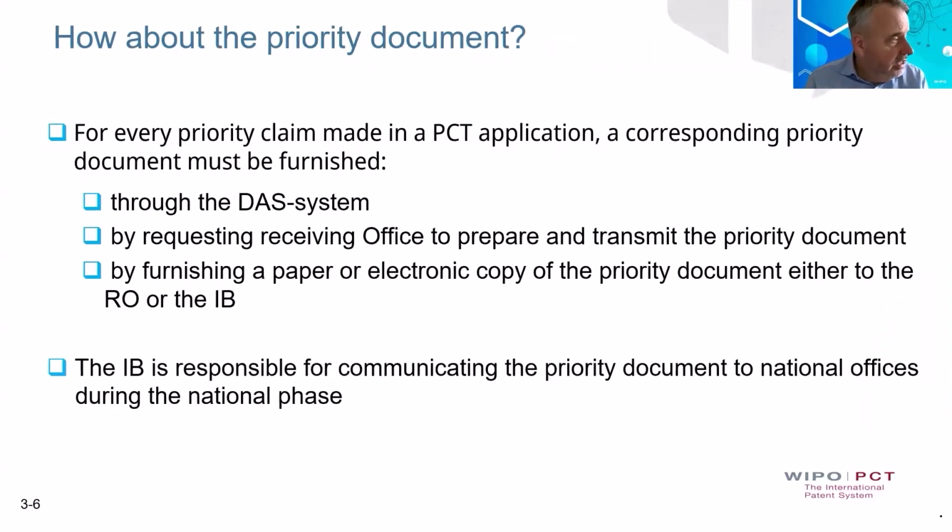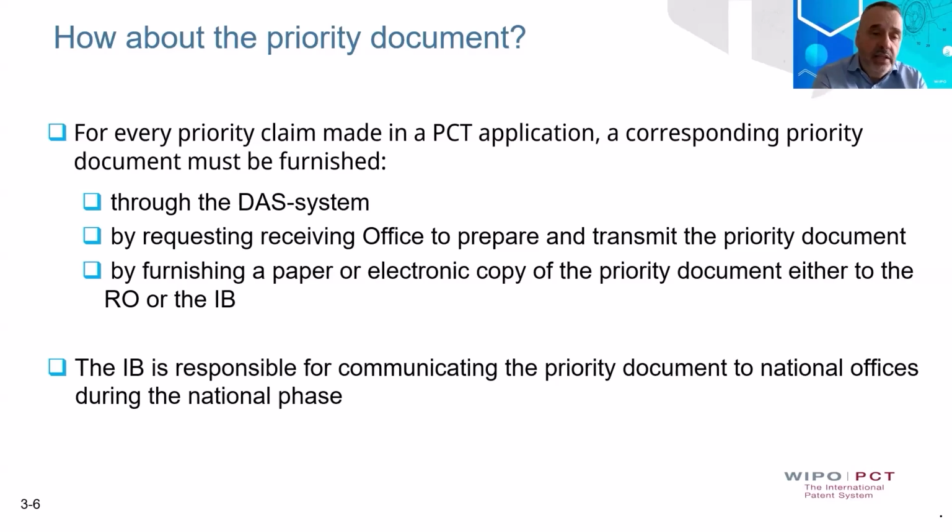So obviously, making a priority claim and filing a PCT application, we always recommend that you use ideally ePCT or another filing software provided by your local receiving office that's hopefully as intelligent as ePCT in providing you feedback as you enter data on priority claims. So the ePCT system does that. So you enter certain data, it will automatically check, is your priority claim older than 12 months? Then you'll get this flag to you.